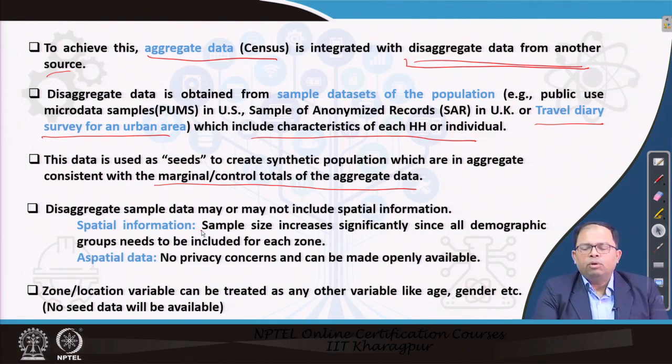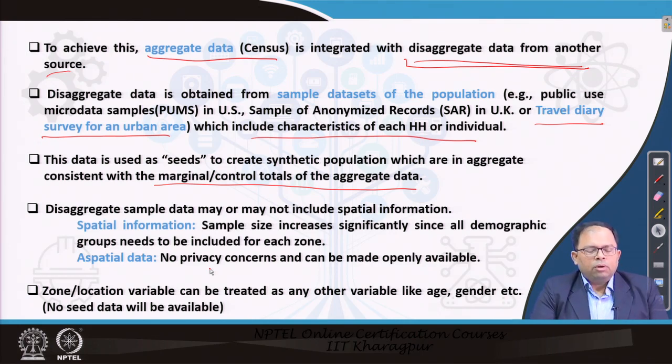Here the only challenge is that we need a large sample size so that all demographic groups for each zone are represented, and we can use the data that we collect from the sample as seed data for this zone, and using that we can create the entire list of population for that zone using census information. But if we don't have the spatial information, for example because of privacy issues, we can also use this data set and combine it, but we will have to use certain other techniques that we will discuss later.